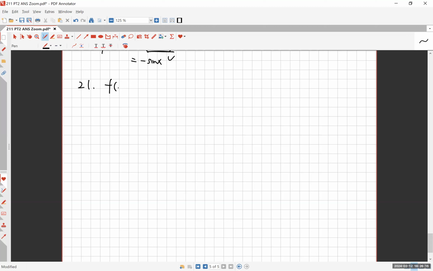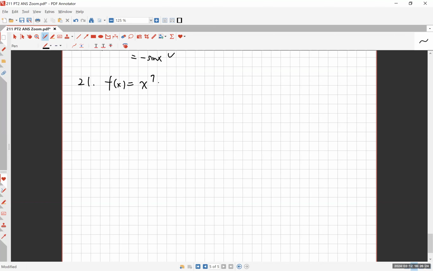Okay, finally, number 21. You have this function, and by the way, this last question has to do with the inverse function derivative, which most people really do not like very much. And I don't blame you because I also did not like this when I learned this. Okay, so the problem says this is the function, and f of 0, if you can plug in 0 here, you obviously get 1.